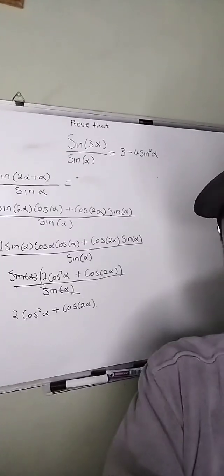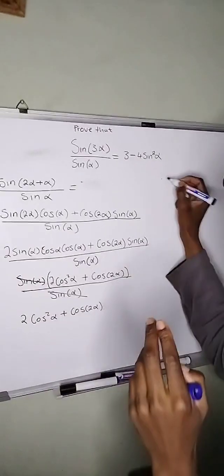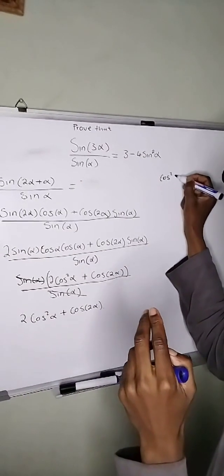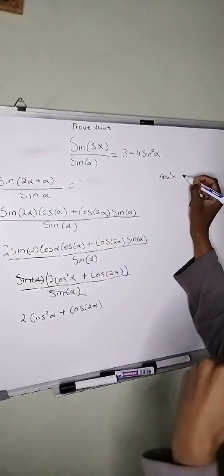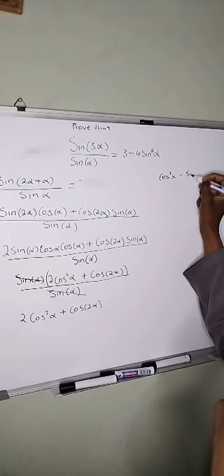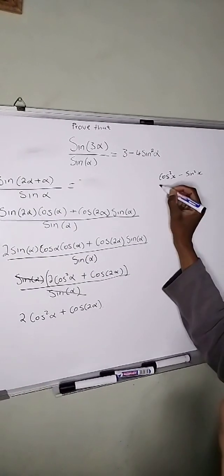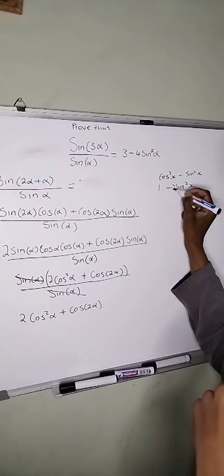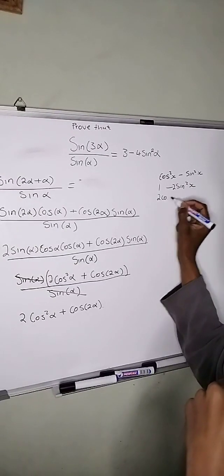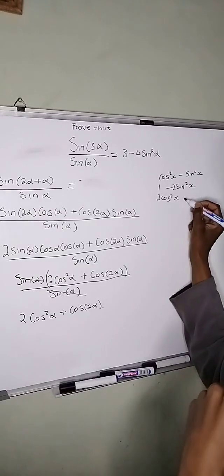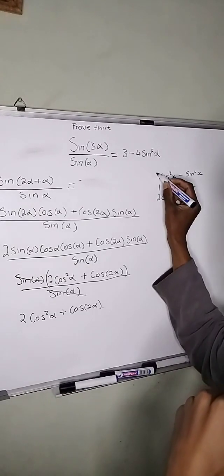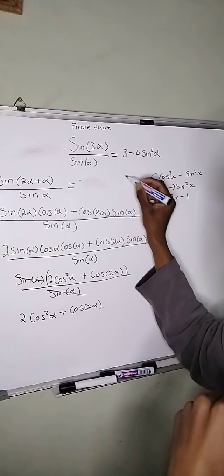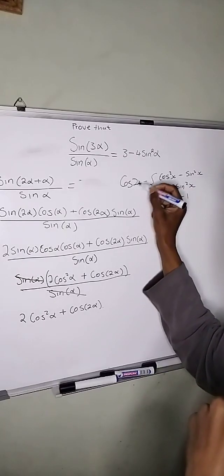Let me bring this camera this side. Between cos squared x minus sine squared x, 1 minus 2 sine squared x, and 2 cos squared x minus 1. All of these are equal to cos 2x.